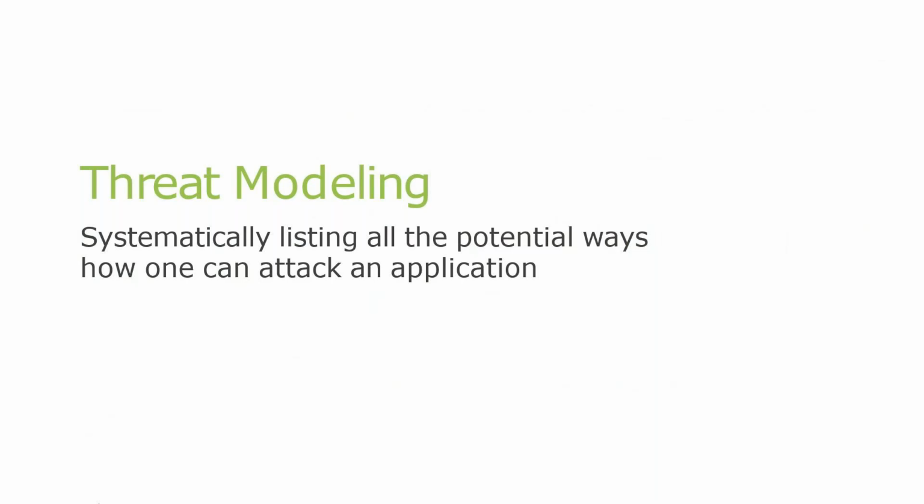So if you want to develop a threat model, that means if you want to list out all the potential ways to attack an application, you have to think in terms of hacking. You can start thinking about how I can hack this application, and what ways can be used for hacking it.